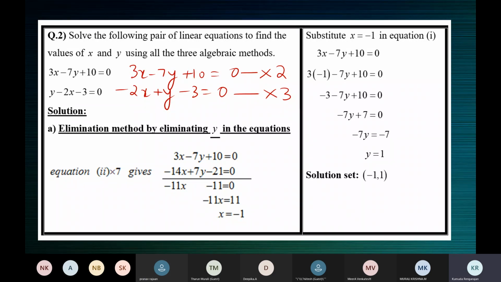If you want to eliminate x, the coefficients of x are 3 and 2. LCM of 3 and 2 is 6. So the first equation should be multiplied by 2. Only then you will get 3x into 2, 6x. Similarly, the second equation should be multiplied by 3, so that 2 into 3 will give us 6x.